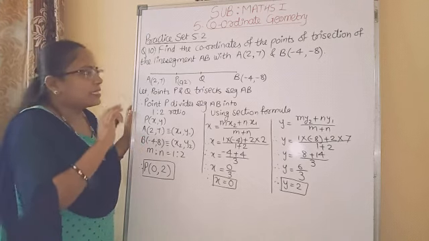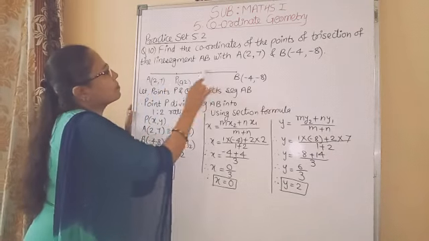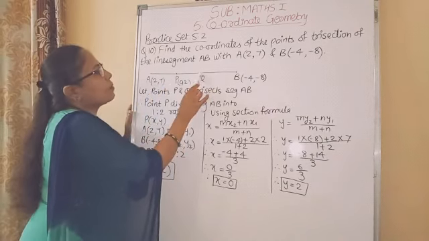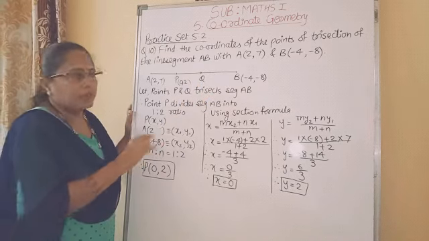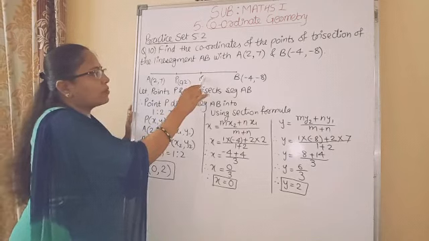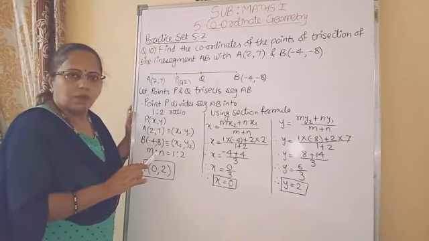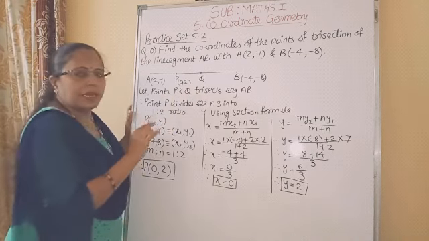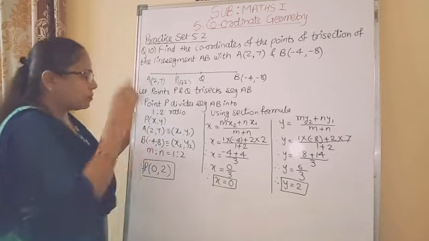The second method: if you consider segment PB, point Q is the midpoint of segment PB, and using the midpoint formula you can find the coordinates of point Q. I think the midpoint formula is easy, you will get the answer fast. So we will use the midpoint formula.